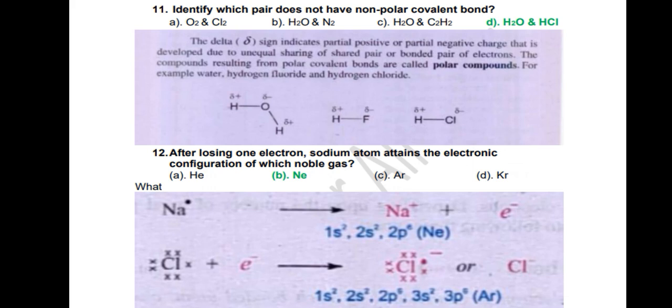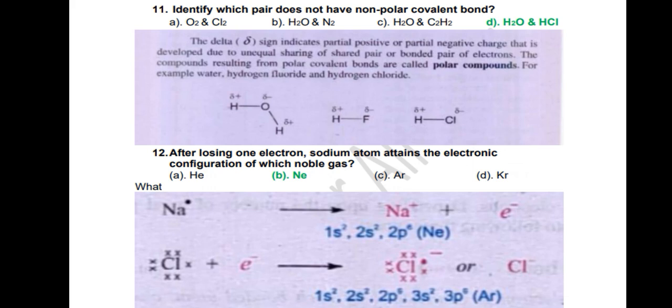Option A, oxygen and chlorine, both are non-polar. Hydrogen and water and nitrogen. Water is polar, nitrogen is non-polar. And option C, water is polar. In option D, water and hydrochloric acid both are polar. So option D will be correct.